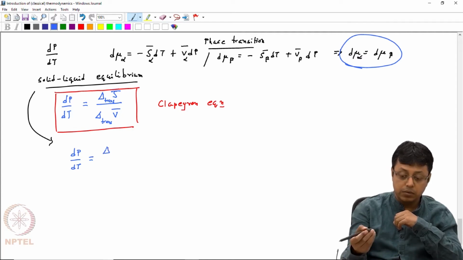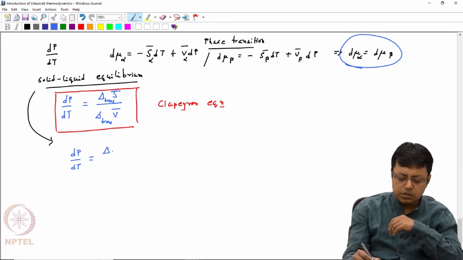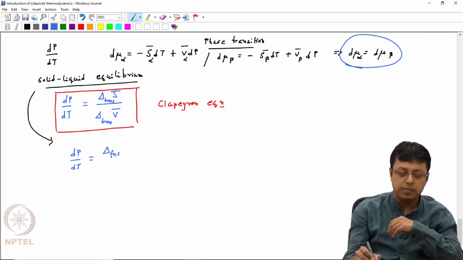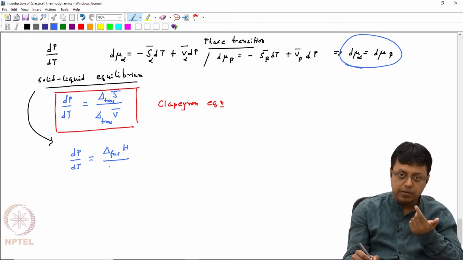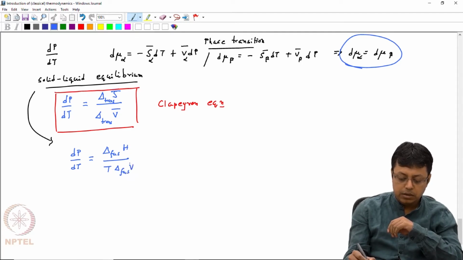It's a solid to liquid transition and vice versa. So we write the transformation as fusion, that's why I'm writing the FUS subscript. It will be delta fusion H divided by T delta fusion V, where H and V are the molar enthalpy and molar volume, and remember dq reversible by T is the formula for the change in entropy.